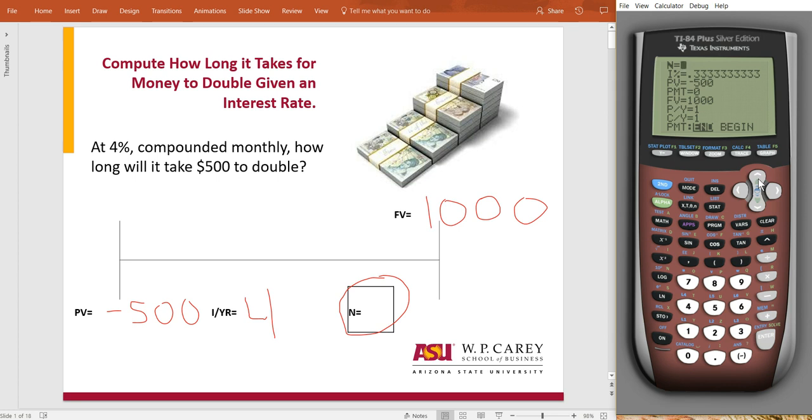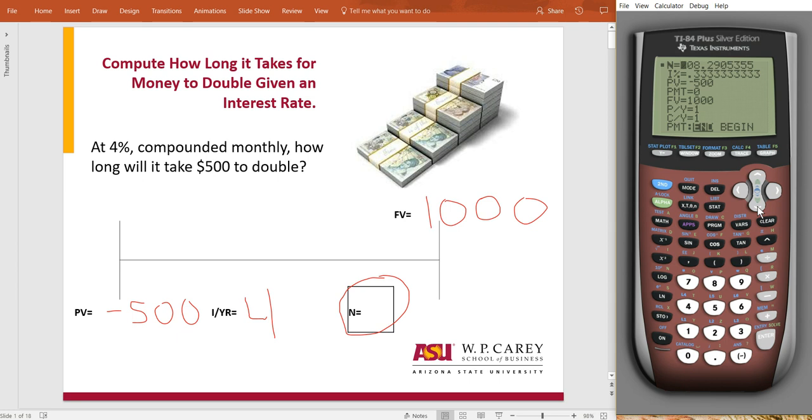Now we're going to solve for that n, which is how long is this going to take us. In order to solve, we go over here to alpha. Everyone see that? Alpha. Click that and come over here to enter or solve. And it's saying that in order for it to double, it's going to take 208 payments.